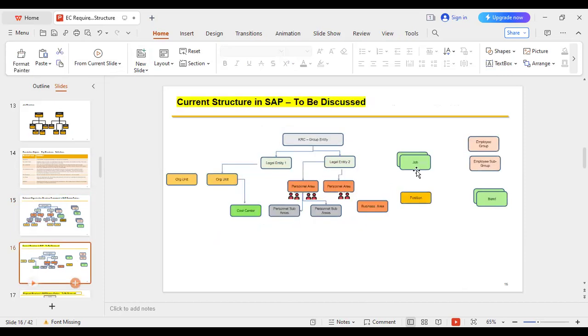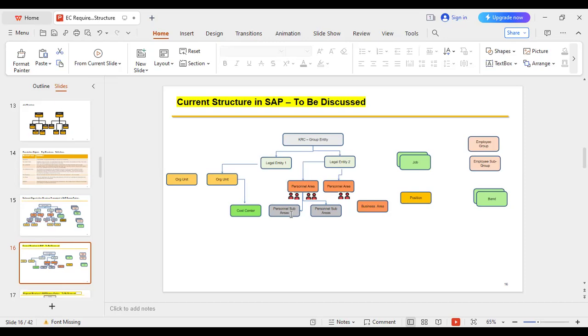But suppose the current structure in the company is like this: the company has legal entity, org unit, and personal area. Farah, you were asking about this. In SAP HCM they have the structure with personal sub areas and personal area. We need to ask them whether this personal area is basically the division, and personal sub area is a department.